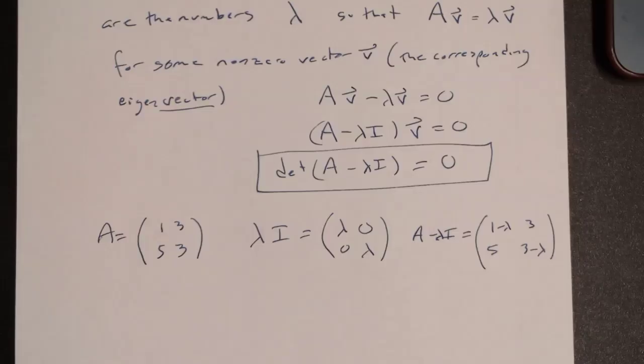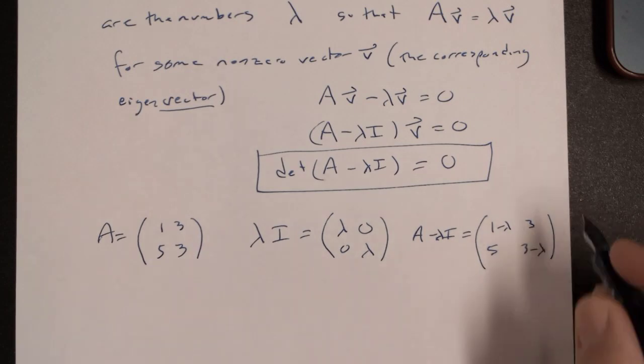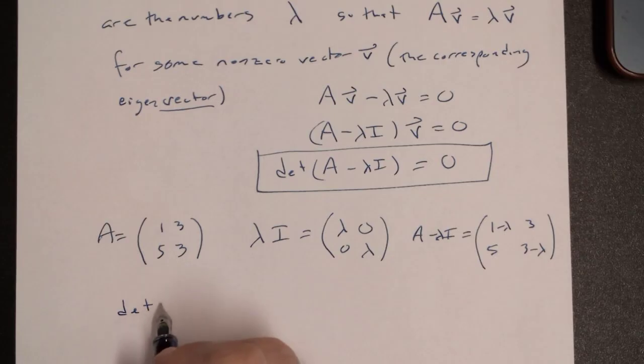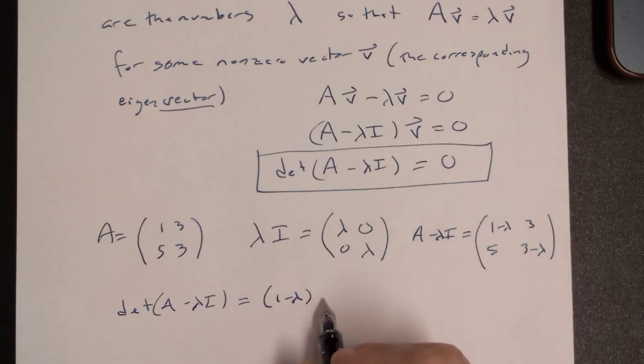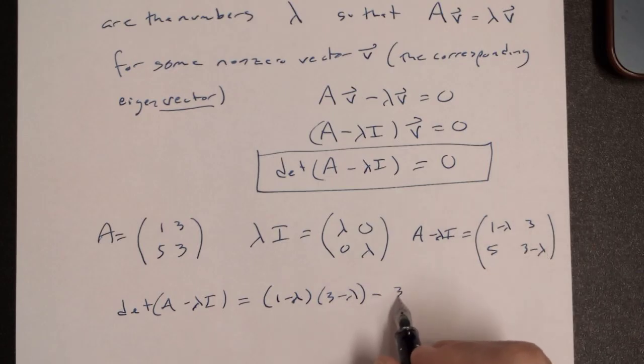By the way, you're also allowed to do lambda I minus A. It doesn't matter which order you do it in. It's going to be 0. It doesn't matter whether you do the A first or the lambda first. Now I do the determinant here. The determinant of A minus lambda I: AD minus BC.